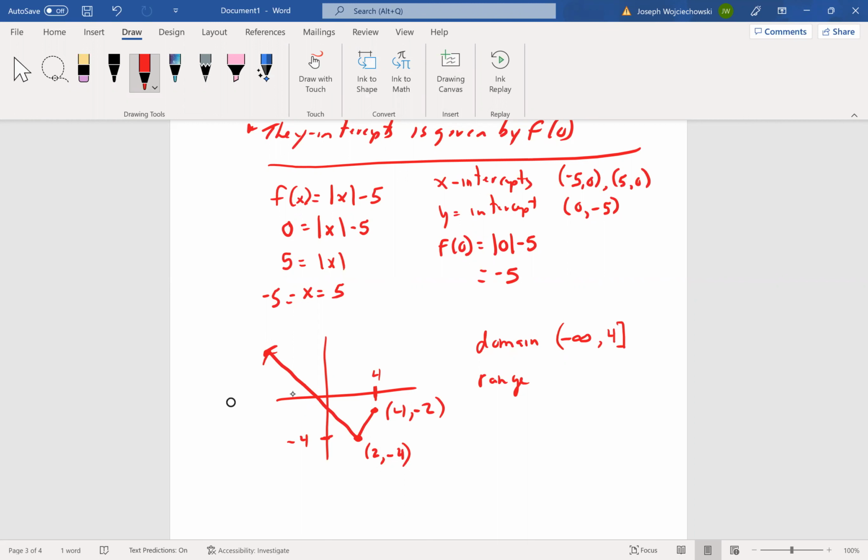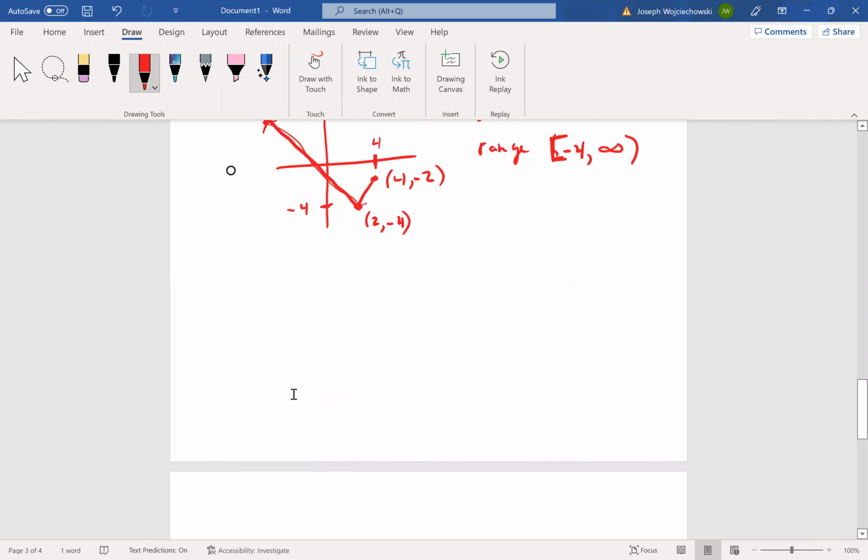Now let's look at my range here. What's my lowest y value? It's this -4 right here, and it is included. And what's my highest y value? Well, it goes on and on and on up to infinity. And of course, infinity is never included, so we use a parenthesis. So that's all well and good when we have a graph, and we could graph some of these things.